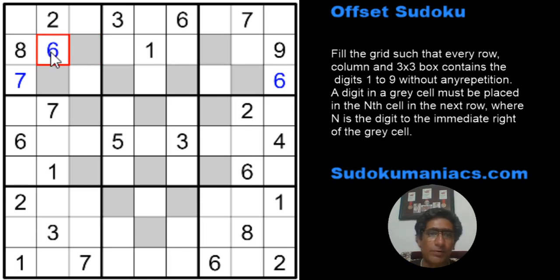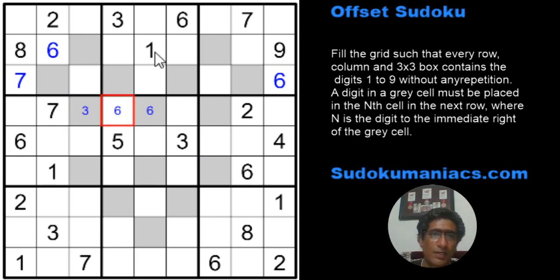Alright, some progress. Now next what? I know that this is a 6 and a 6. So 6 has to be in one of these two. Alright? So let's put the pencil marks here. Now if the first one was a 6, this cell would be the digit which would be the 6th cell here, which is a 3, and we can place a 3 here, which is possible.